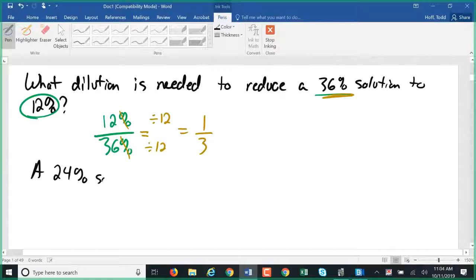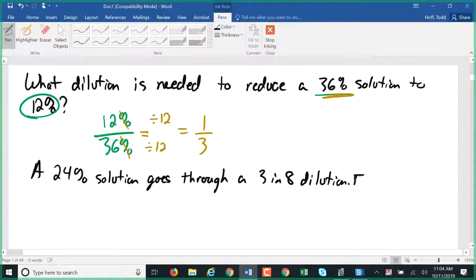A 24% solution goes through a 3 in 8 dilution. Find the new concentration.